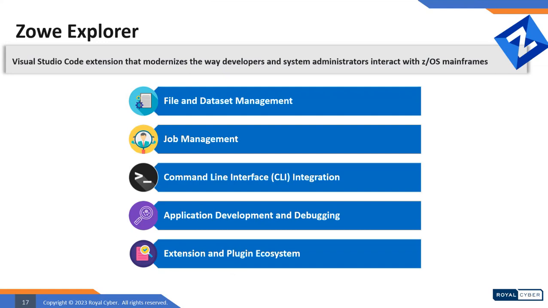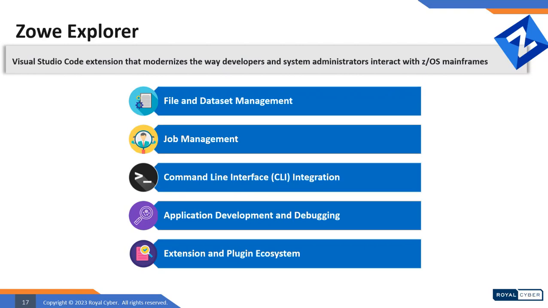Zowe Explorer is actually your Visual Studio Code extension, and as I mentioned, it's in the VS Code editor. Along with that, we are going to install an additional plugin. It gives you a modernized look and feel of how developers or system administrators can interact with their mainframe services and components.